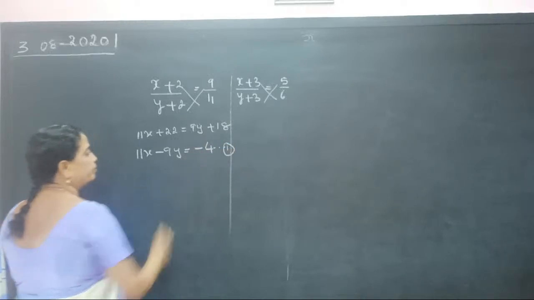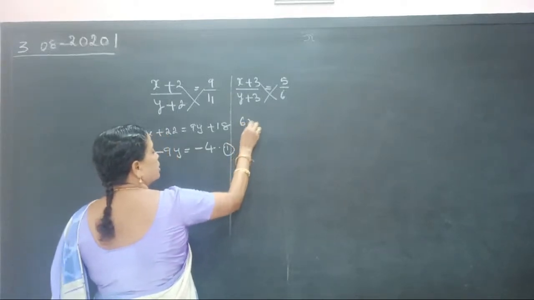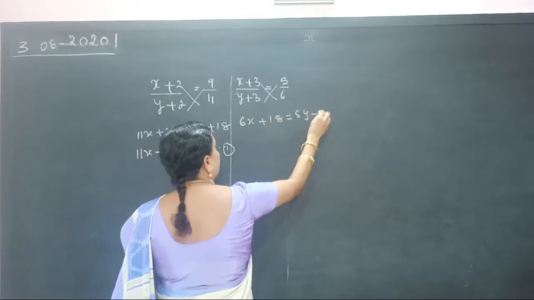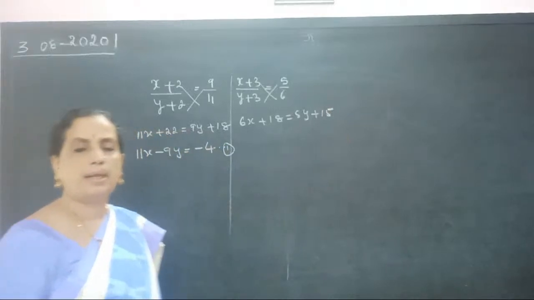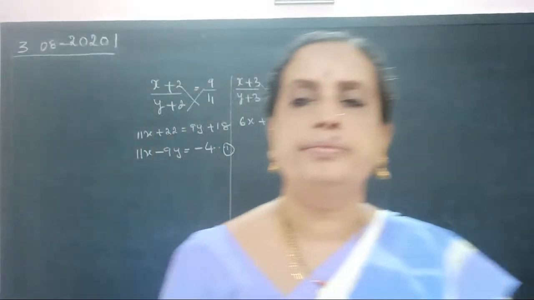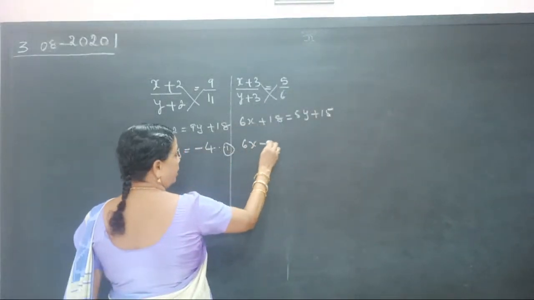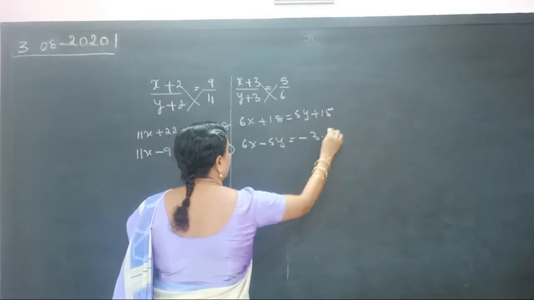Equation 1. Coming to the second equation, 6x plus 18 equals 5y plus 15. Doing cross multiplication, you will get the second equation, 6x minus 5y equals minus 3.